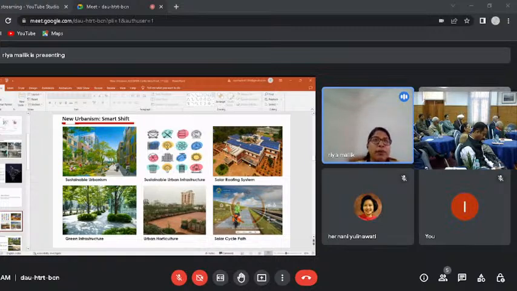In that scenario, I would like to showcase one case study of a new urbanism approach which we used while developing a waterfront, the Netravati waterfront under Mangalore Smart City. It is a 45 kilometer long waterfront development, and we used various kinds of new urbanism approaches, design technologies and innovative ideas to make it a very vibrant public place for the city as well as for the community.